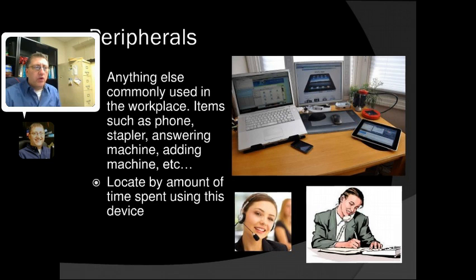You want to think about these from an ergonomic point of view, especially if they are a standard part of your day. If you use a telephone every day, all the time, if you're on the phone a lot, if you're at a call center, I mean, it's what you do. You want to think about that.